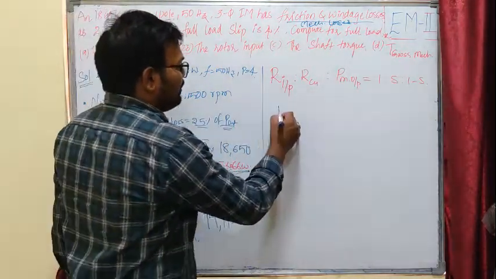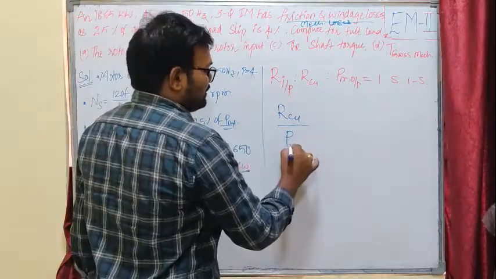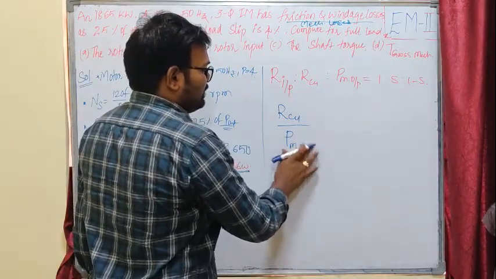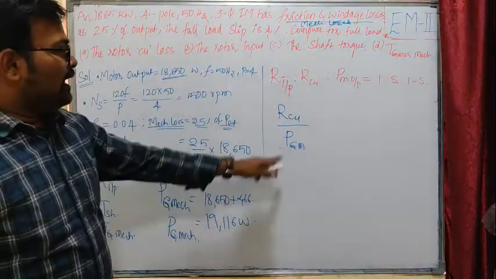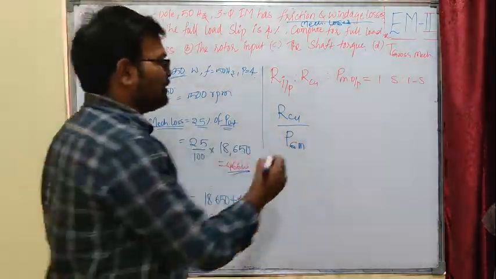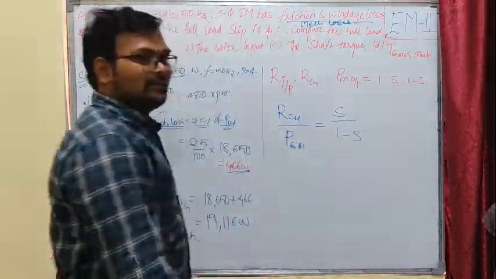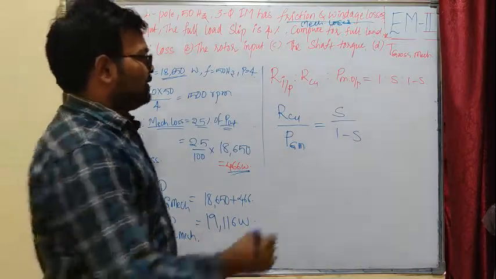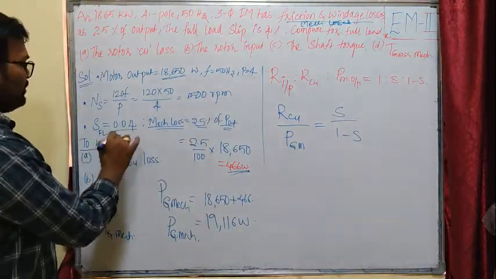To calculate the rotor copper loss, I consider the gross mechanical power output, PGM. The ratio becomes S by 1 minus S. The slip is 4%, that is 0.04.